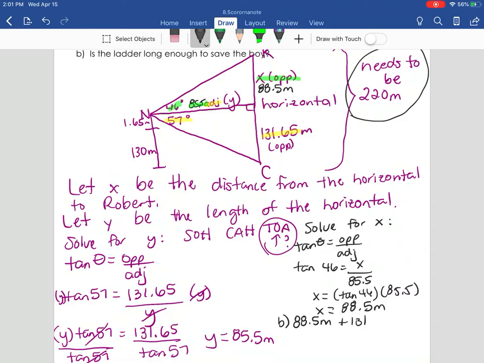So we have 88.5 meters and 131.65 meters equals 200.15 meters. So is our ladder long enough to save him? Nope, it is too short. So the ladder is only 220 and the distance is actually 220.15 meters. So unless, you know, he can reach up or something, he is not going to be saved.